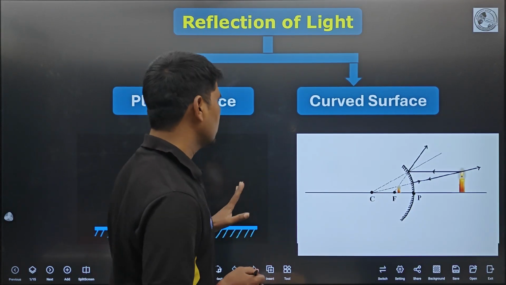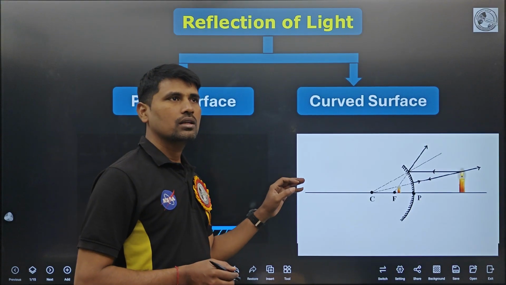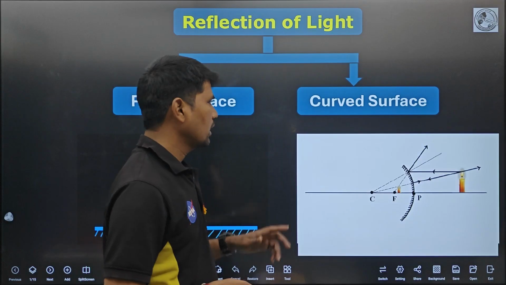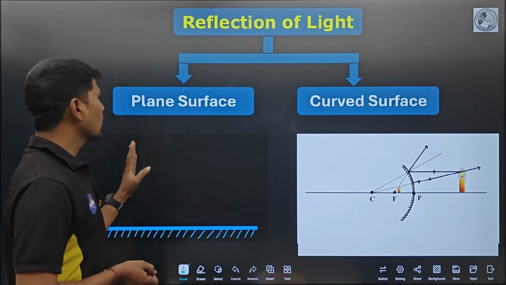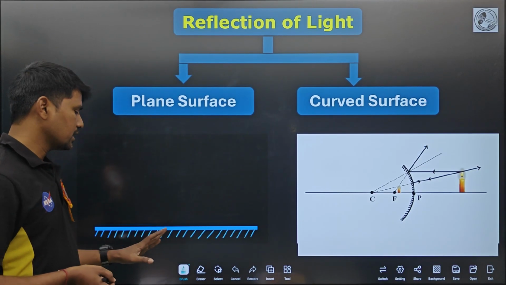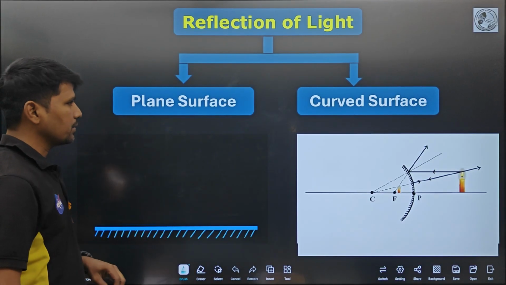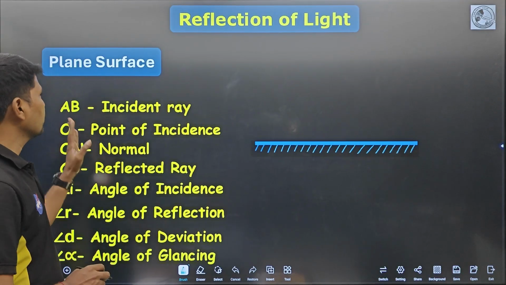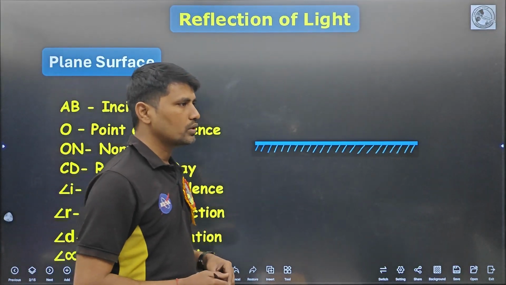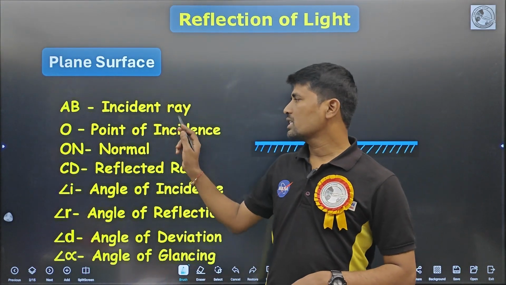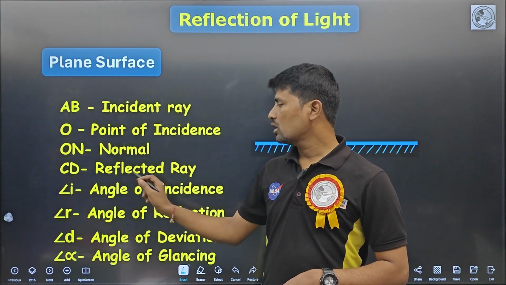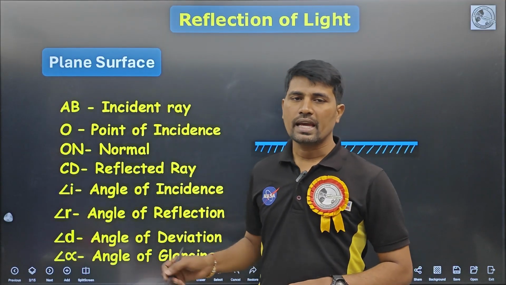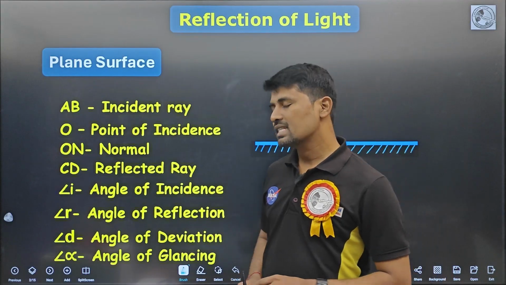In this video we'll discuss the property involved in light that makes reflection take place in both cases. First I am going to the plane surfaces. Here this is the plane mirror. In this plane mirror, what happens? You should have minimum idea about the incident ray, point of incidence, normal, reflected ray, angle of incidence, angle of reflection, angle of deviation, and angle of glancing.